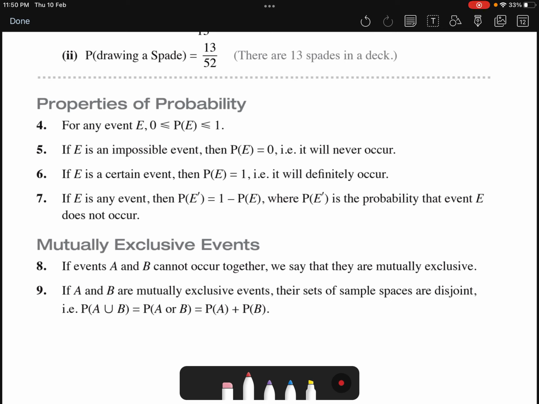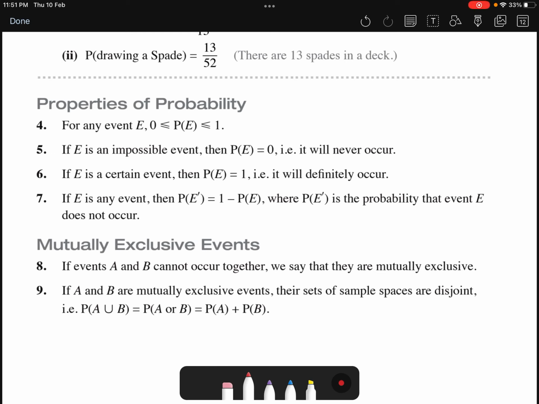Let's move on to number 4, which is the properties of probability. For any type of probability, it can only lie between 0 and 1. You cannot say that this probability is 2, because that is beyond the maximum range of probability.